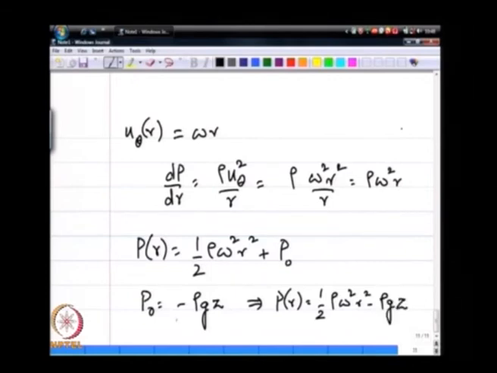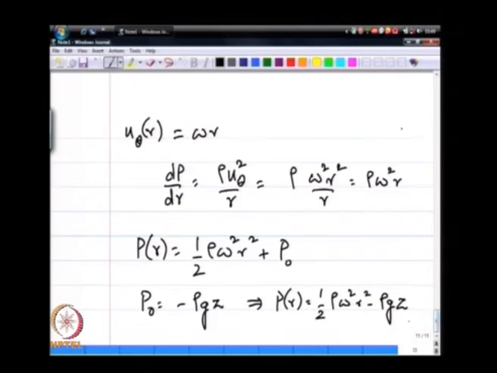I can show this to come from the z momentum equation if we want, but for now we will just assume it is actually equal to P_0, but P_0 can be a function of z if I have gravity included, which is acting along the z direction.